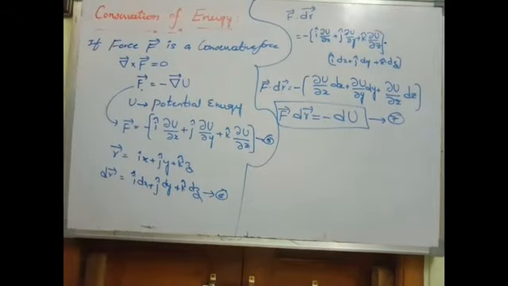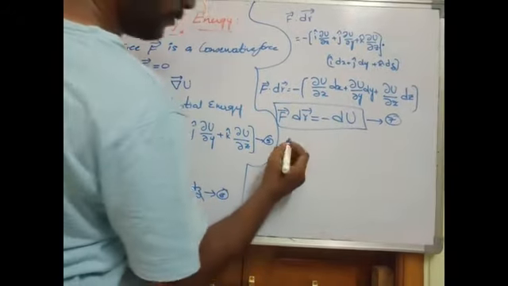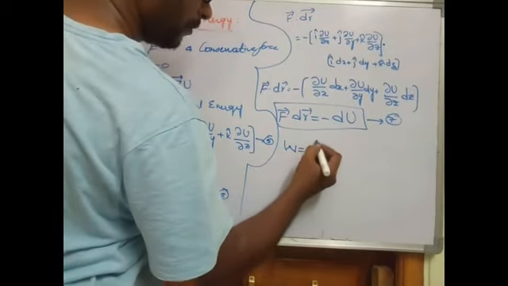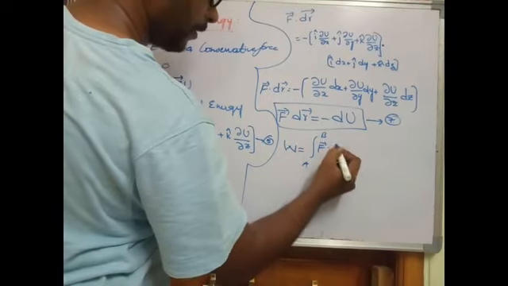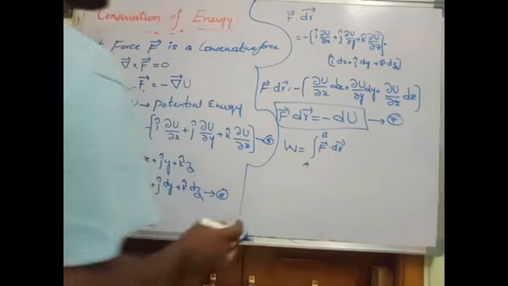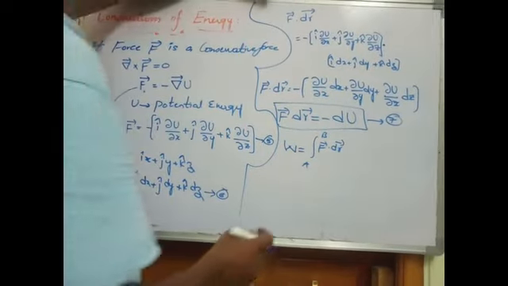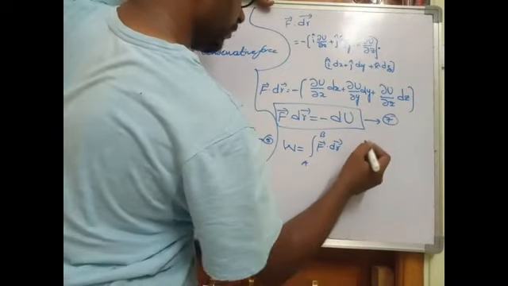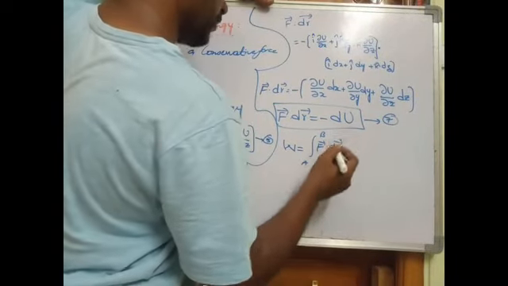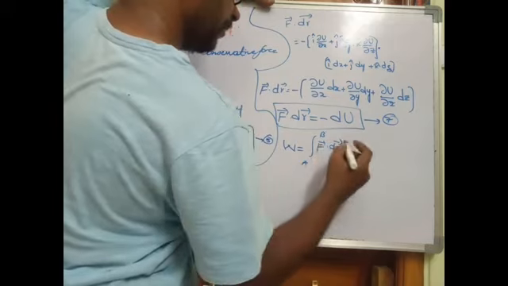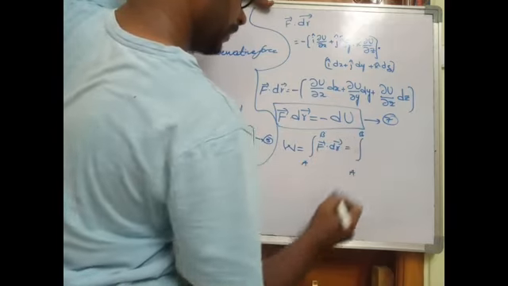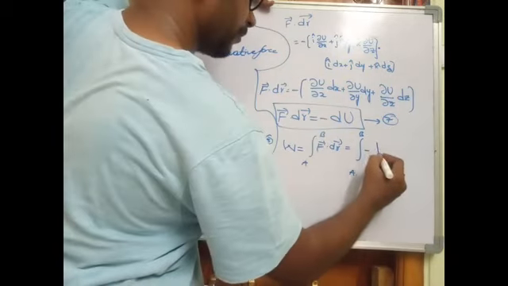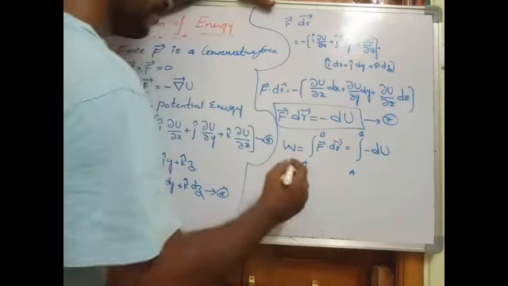From equation 1, we know that W equals the integral from a to b of F bar dot dr bar. Substitute 7 in 1. So we get the integral from a to b, substituting minus du.